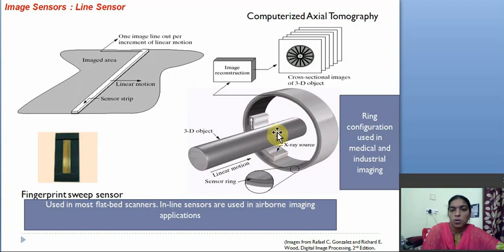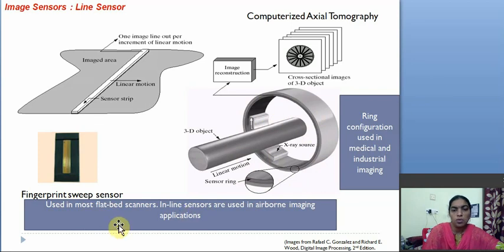Based on the illumination that is transmitted through our body, that is captured by this sensor ring, and then it converts the light energy into the image. So this is the story. In medical we are using this type of units, right?